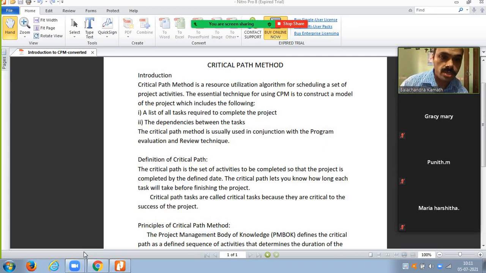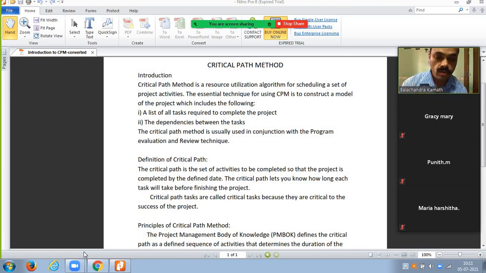So a project consists of a set of tasks, say task A, task B, task C, task D. And then the dependencies between the tasks, that means the input or output of one task might become the input of another task.